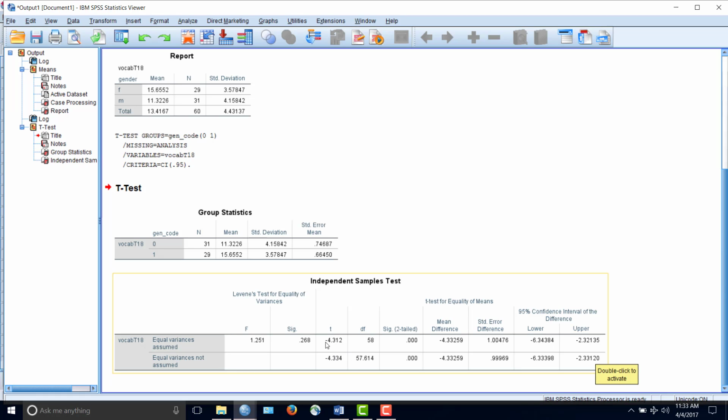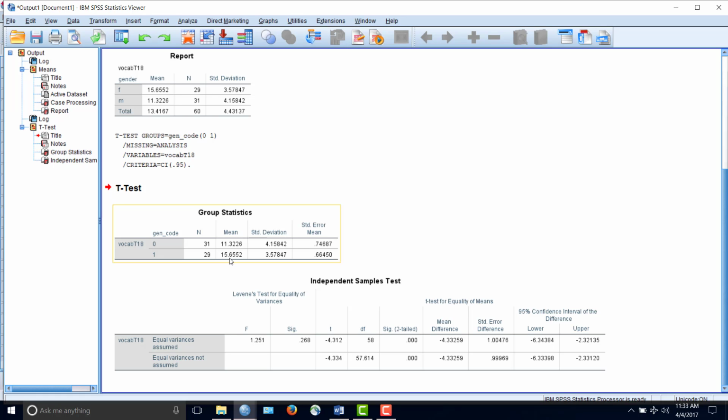So in order to write up this result, you will use this part of the table here. So what does this tell us? This tells us that the p-value is less than 0.05, which is usually our cutoff. And that tells us that these two values, 11.32 and 15.66 rounded, are statistically different.